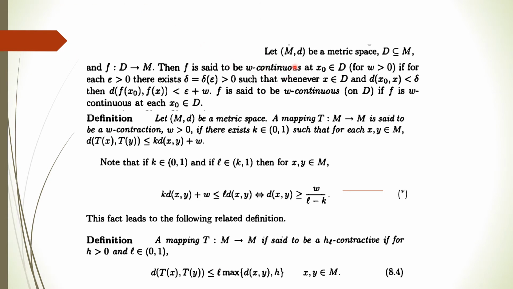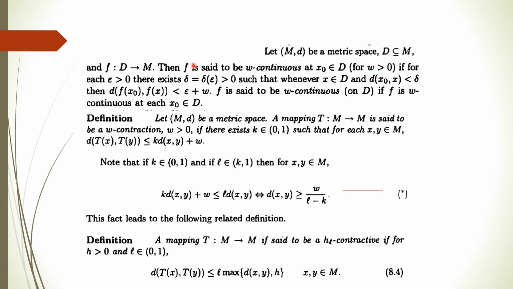Now what do you mean by W continuous? Let (M, d) be a metric space, D be any subset of M, and F be a mapping going from D to M. Then F is said to be W continuous at a point x0 of the domain if for each epsilon greater than 0 there exists delta, depending on epsilon, such that whenever x belongs to D and the distance between x0 and x is strictly less than delta, this implies that the distance of f of x0 and f of x is less than epsilon plus w, where w is greater than 0.